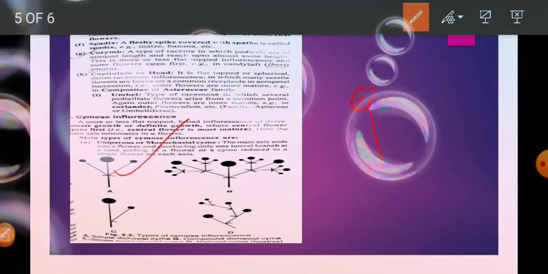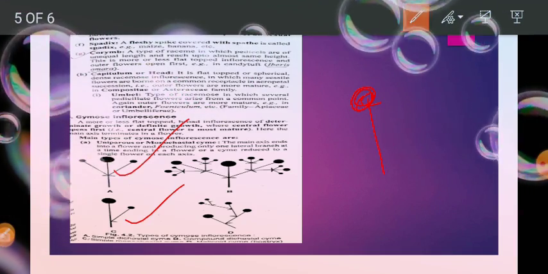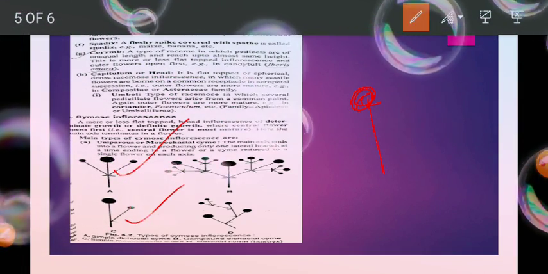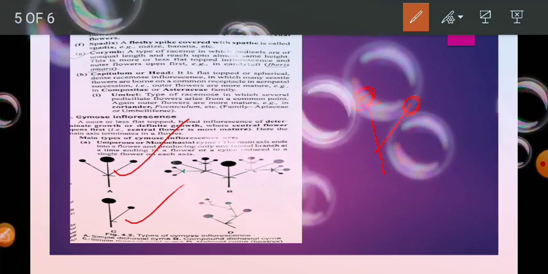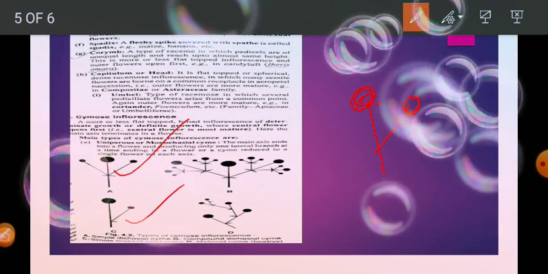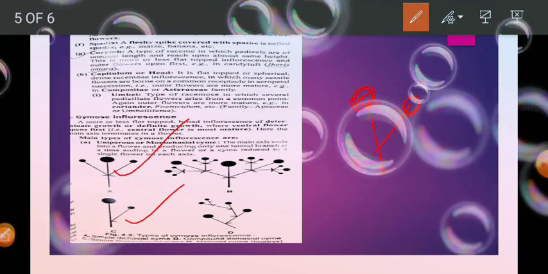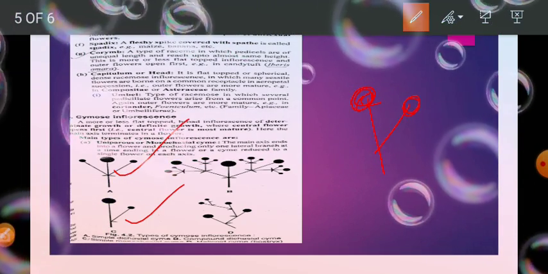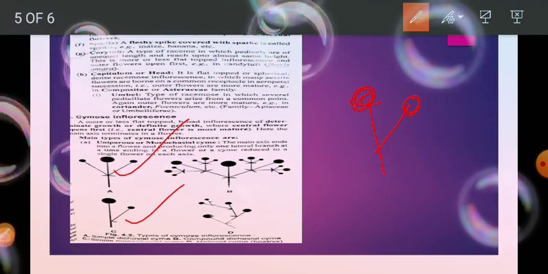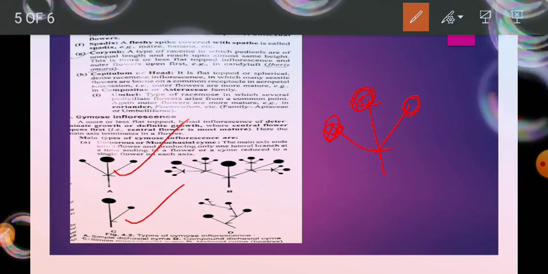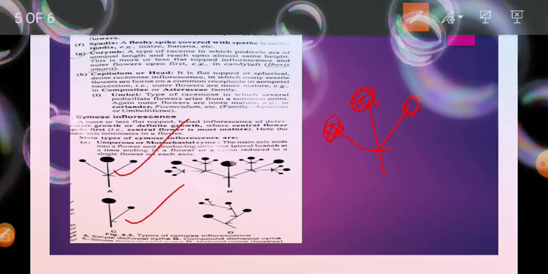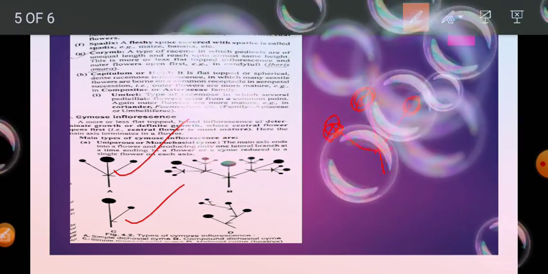First of all, this one is the simple monochasial, which consists of only a single cyme. That's why this is known as the simple monochasial. But in the case of the scorpioid, the flowers are in alternate form, on opposite sides of the pseudo axis alternately. That's why this is known as the scorpioid monochasial.